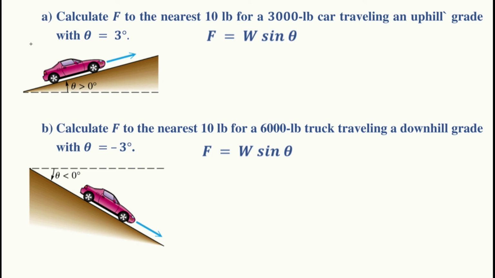So we get F equals W, which is the weight, 3,000 times sine of 3 degrees. And we go ahead and get an approximate value for it.